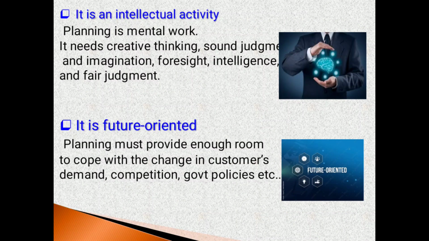And next point, it is an intellectual activity. Planning is a mental activity. It involves application of mind and intelligence to attain in a systematic manner the organizational objectives. Planning requires consideration of several factors like manpower, money, availability of materials and machines, etc. And next one is, it is future oriented.